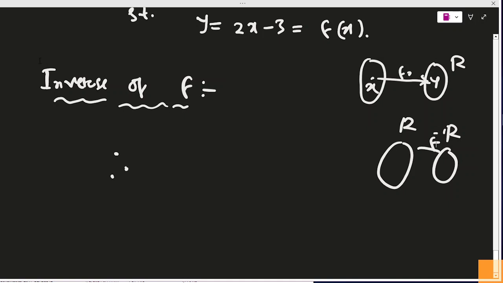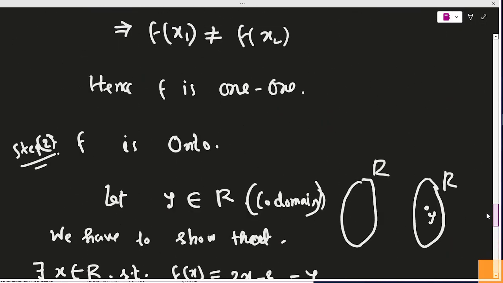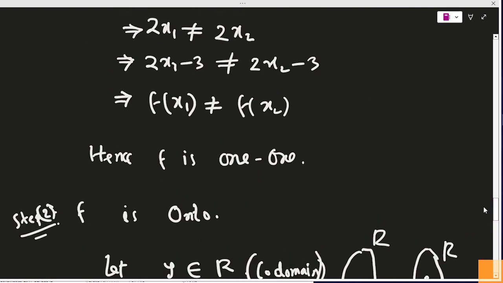So since it is 1 1 and onto, hence it is inversible. ये 1 1 हुआ, onto हुआ, दोनों हुआ ना। यहाँ पे f is 1 1 मिला, उसके बाद now we have to check that f is onto. क्या हमने onto check किया?